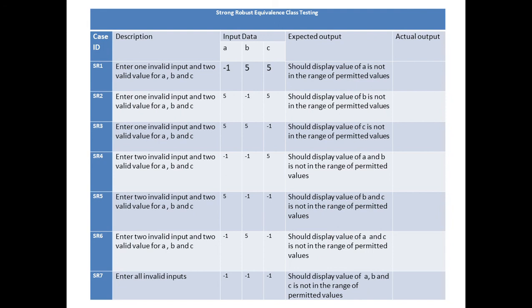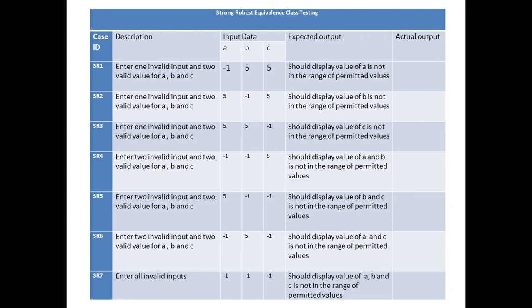Here you can see the first three test cases have an invalid value for one variable. In the other three test cases, that is SR4, SR5, SR6, they have given two invalid values, that is minus 1, minus 1, minus 1, minus 1, minus 1, minus 1. So two invalid values. And in the last test case, you are giving an invalid value for all the variables.